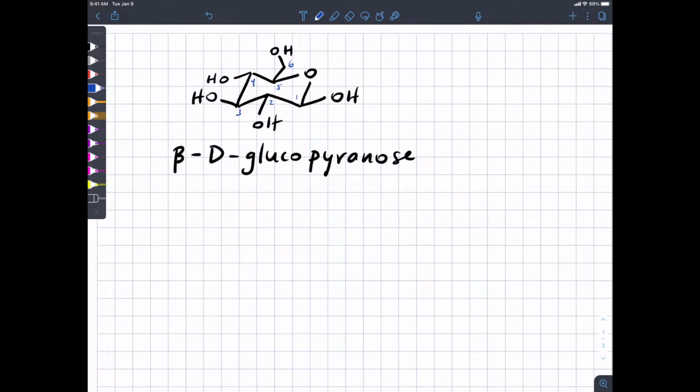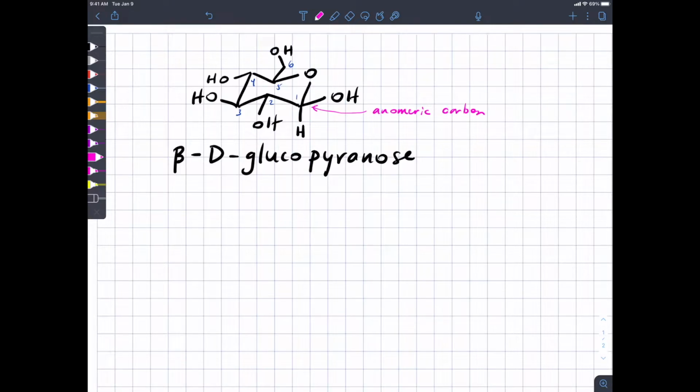And as we pointed out, it's a cyclic hemiacetal, and you can tell that by looking at carbon 1, which is attached to 2 oxygens. One's an alkoxy group and the other's an OH group. And so that's a hemiacetal, and we call the carbon associated with that hemiacetal the anomeric carbon.